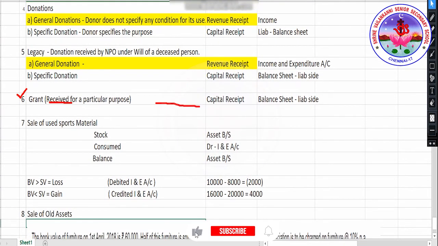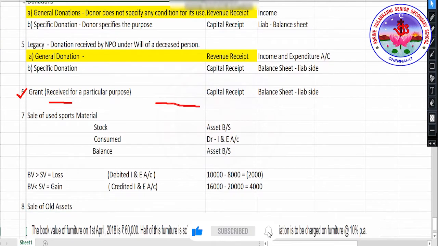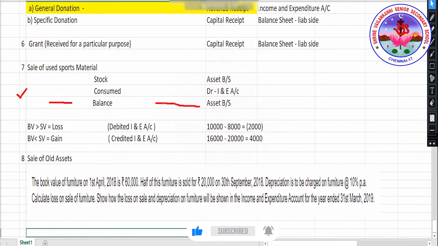Now, sale of old assets. We are going to look into a calculation. If there is a sale of old assets, how do you present it in your income and expenditure account? The old asset here is furniture.